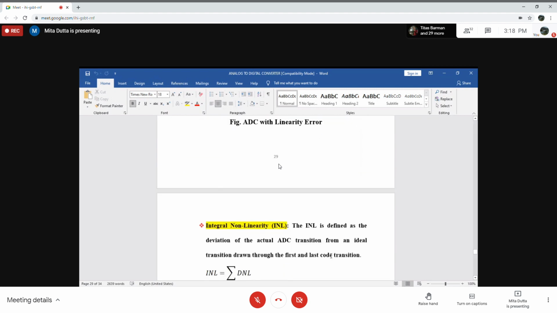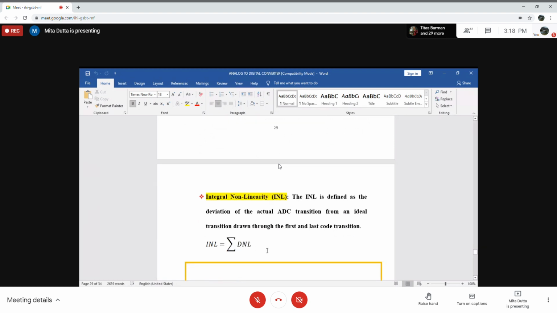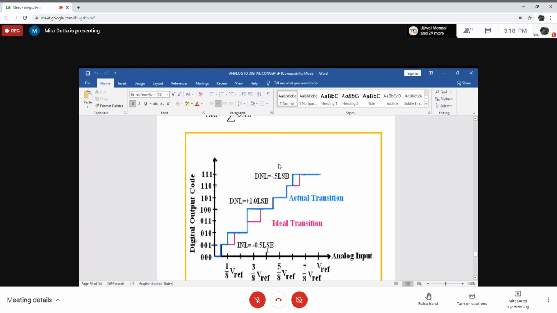Now the integral nonlinearity will be again the summation of the differential nonlinearity. So here the pink one will be the ideal transition and the blue one will be the actual transition.